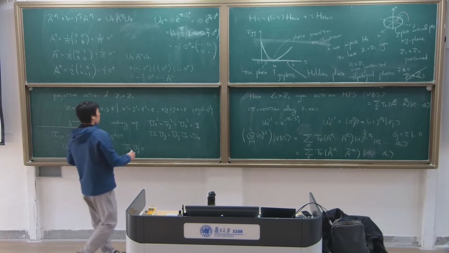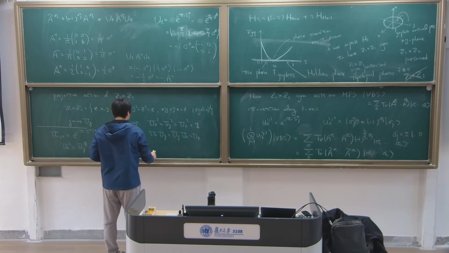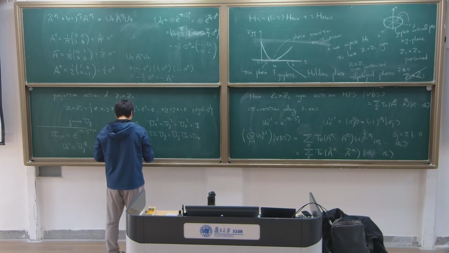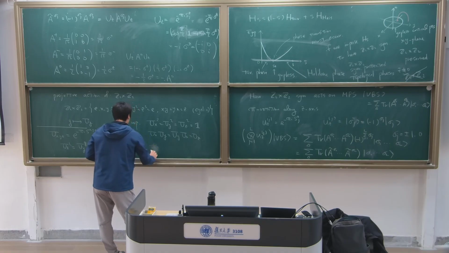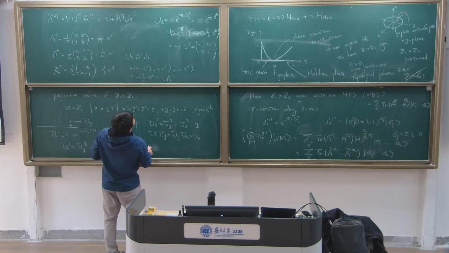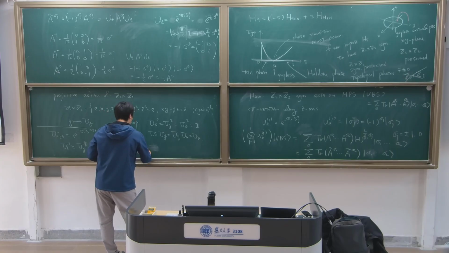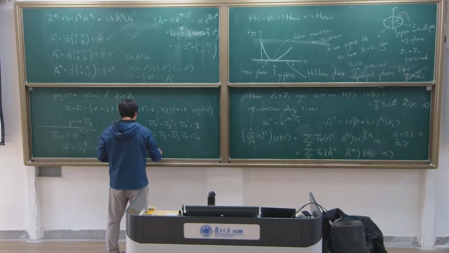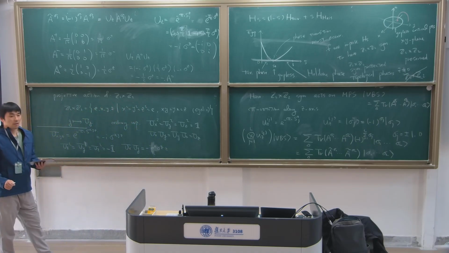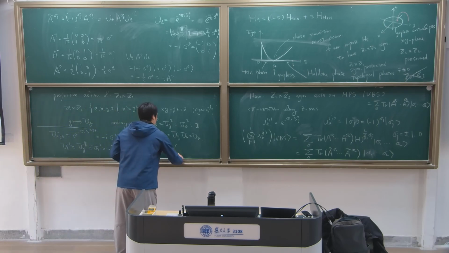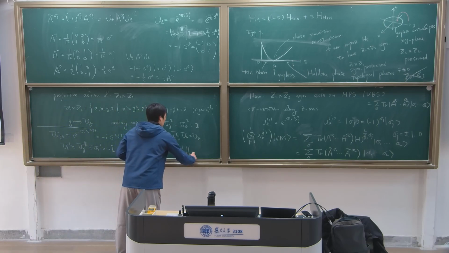So let's do the calculation. Ux, minus 1 times sigma x, sigma y is equal to... This is not a 1.